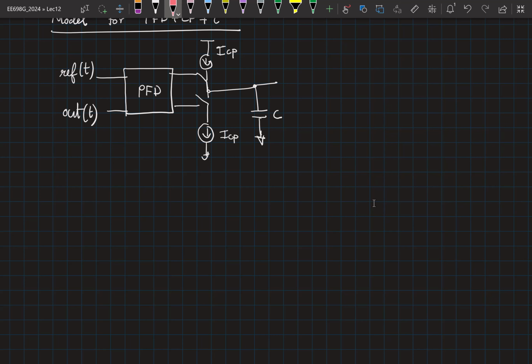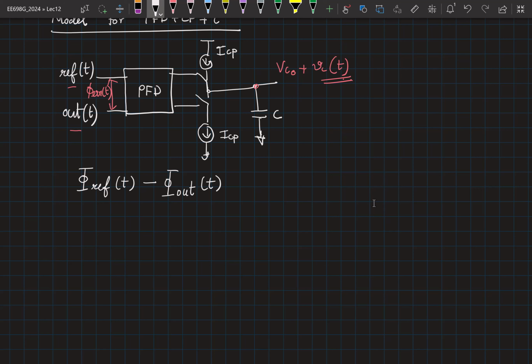Corresponding to the phase difference between reference and output, we know that at the end you will have some operating point Vc plus potentially a small signal Vc of t. Now we want to be able to relate how this phi error seen here relates to the small signal Vc of t. So the first step is to calculate the phase difference between reference and the output as seen by the PFD.